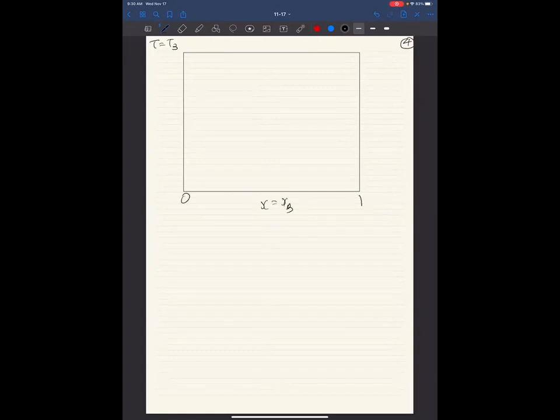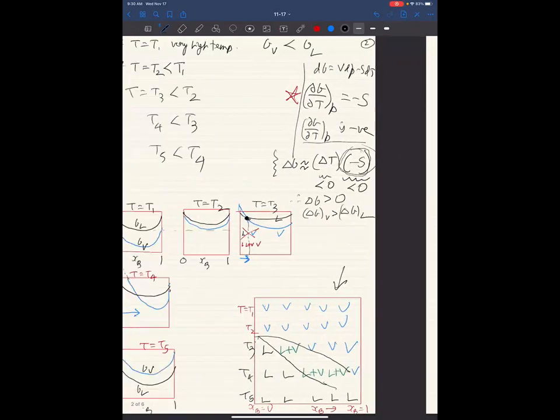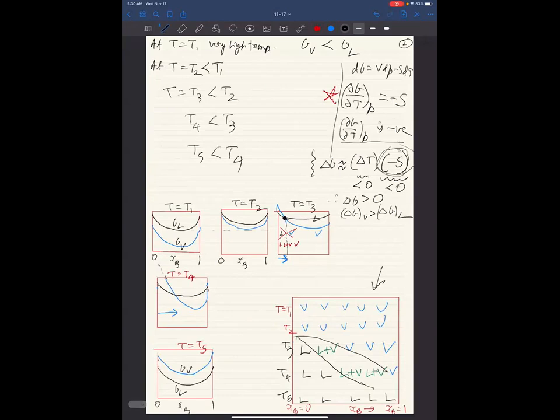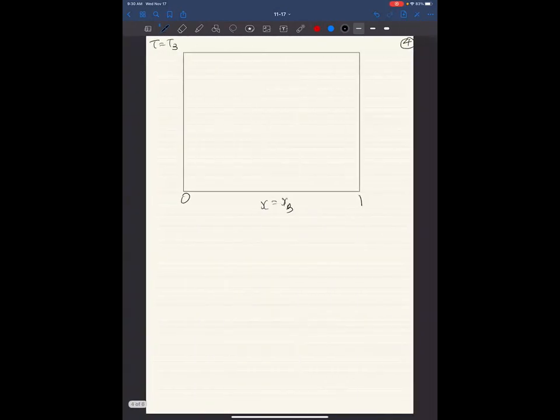And what did we have? Let's look at T3. We had a liquid curve that was in black, and we had a blue curve, which was vapor. Let's draw both of them. We had a liquid curve, which was something like this, and a vapor curve, which was something like this. So this is liquid and this is vapor.